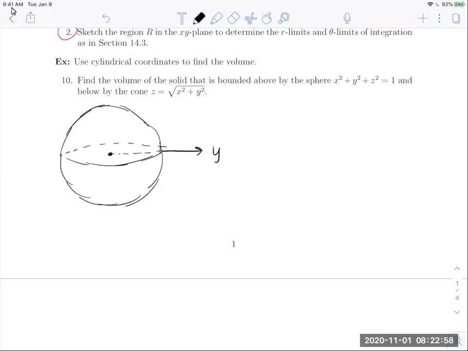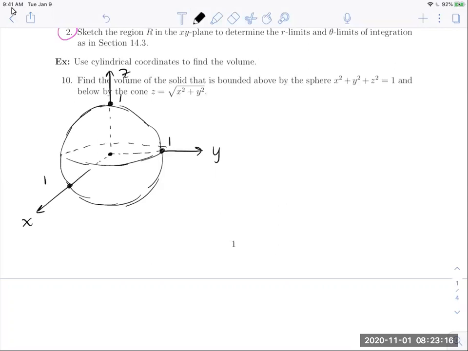Here's my y-axis, here's my x-axis, and my z-axis. And of course, these are all intersecting the coordinate axes at 1.